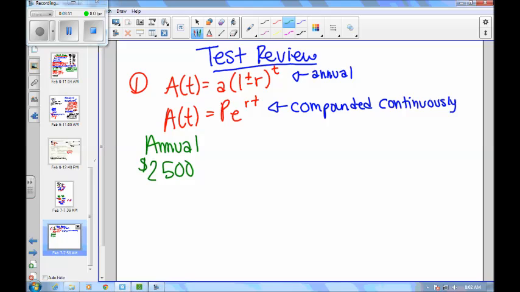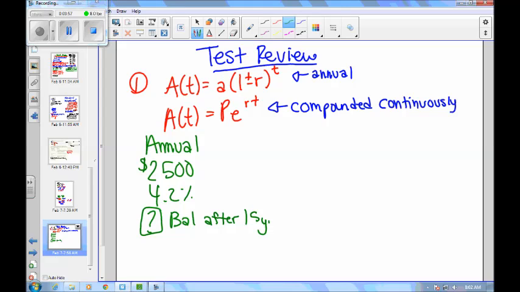Okay, Anna, what else? Okay, Haley? 4.2%. Our rate is 4.2%. Anything else? All right. The question, which was what? Yeah, the balance after 15 years.